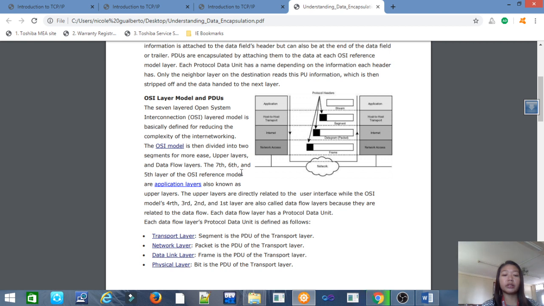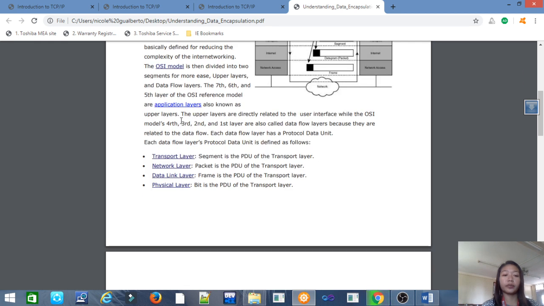The 7th, 6th, and 5th layers of the OSI reference model are application layers, also known as the upper layers. The upper layers are directly related to the user interface, while the OSI model's 4th, 3rd, 2nd, and 1st layers are also called data flow layers because they are related to the data flow.